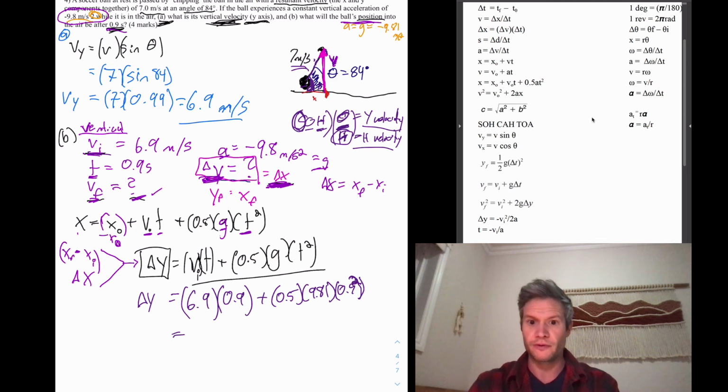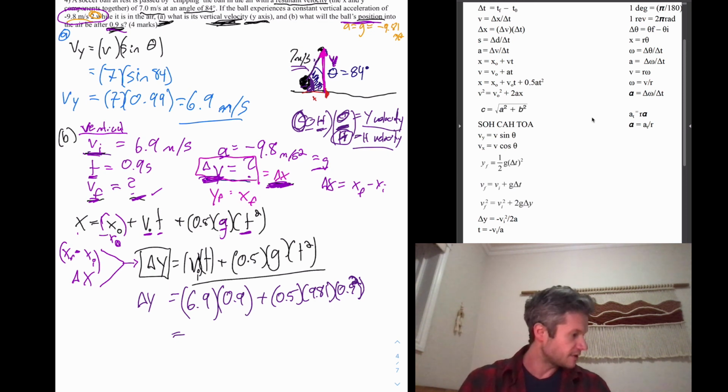The math on that first component, I used 7, so we'll recalculate that now.